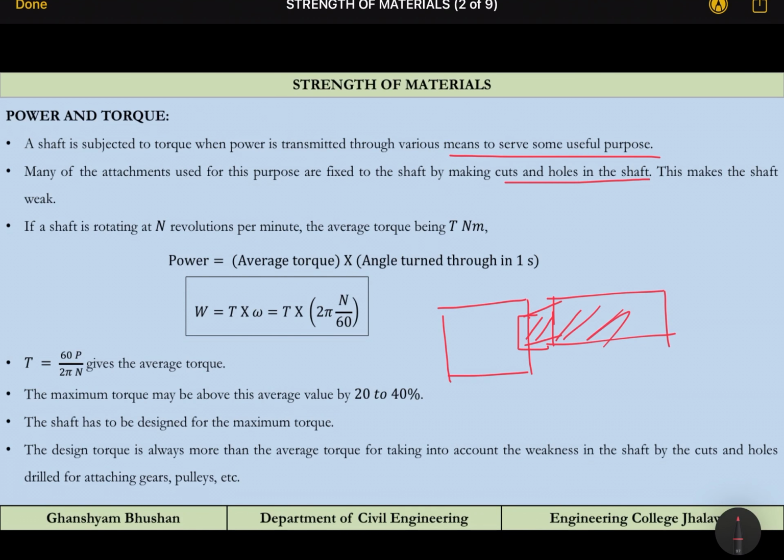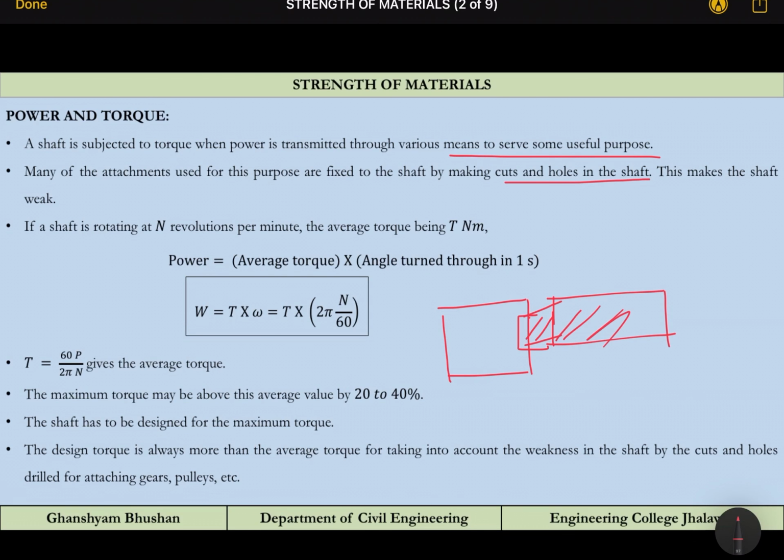Like this we can connect the various components. This makes the shaft weak. When we are cutting the material or making a hole, we are reducing the area, so the load carrying capacity of that particular component will get reduced.